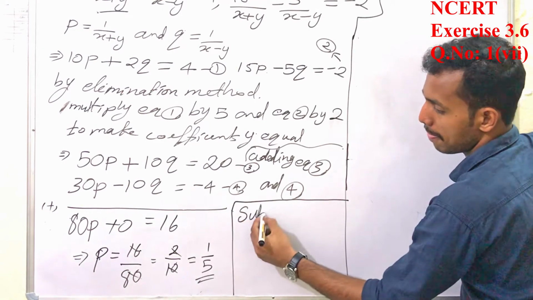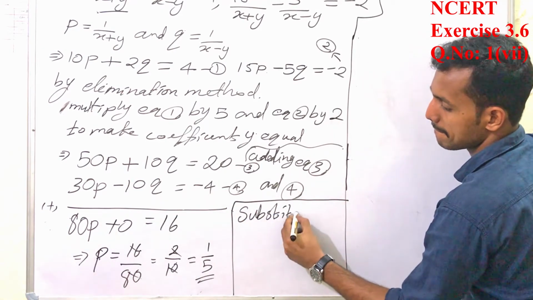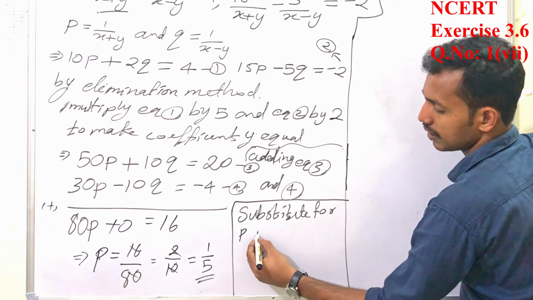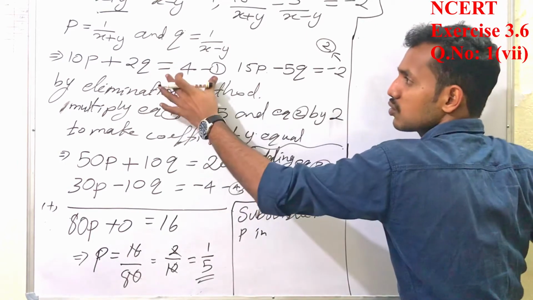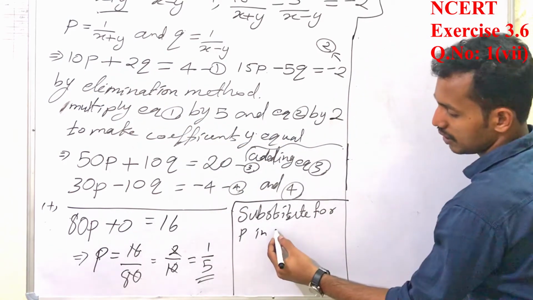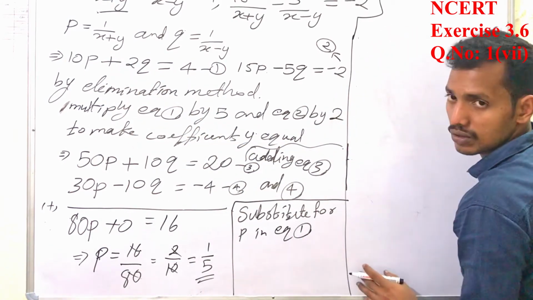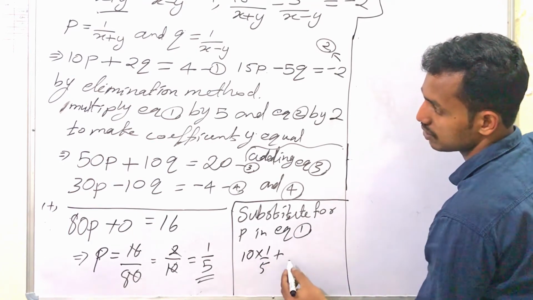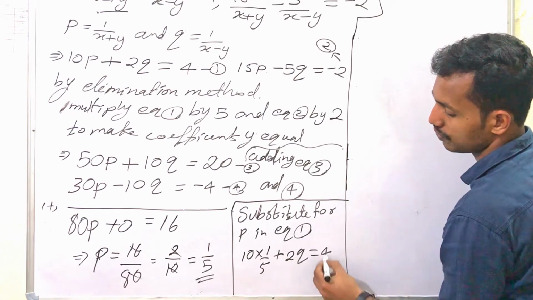Substitute 1 by 5 for p in equation 1. I am choosing equation number 1 because this is the simplest one. So what will we get? 10 into 1 by 5 plus 2q is equal to 4.